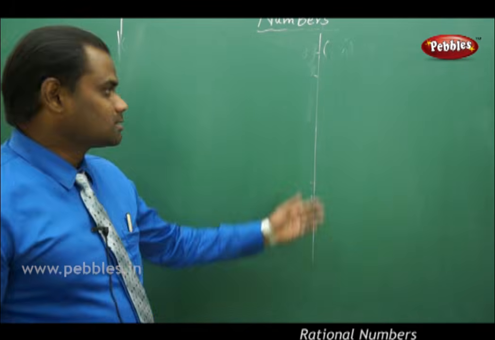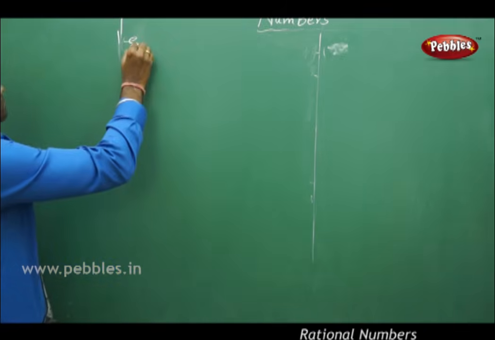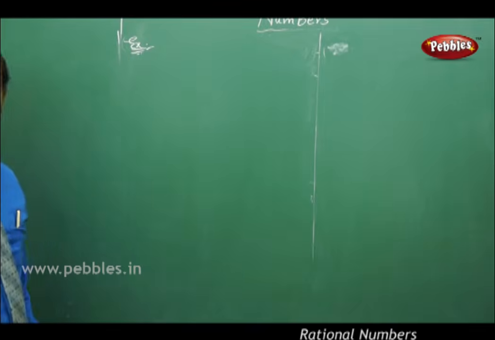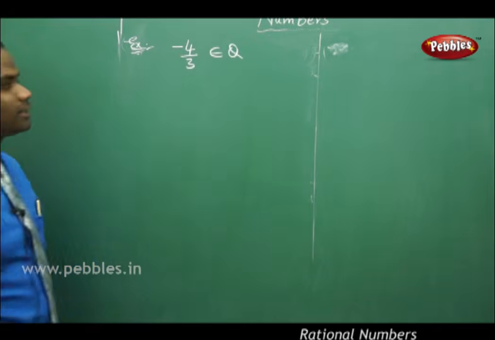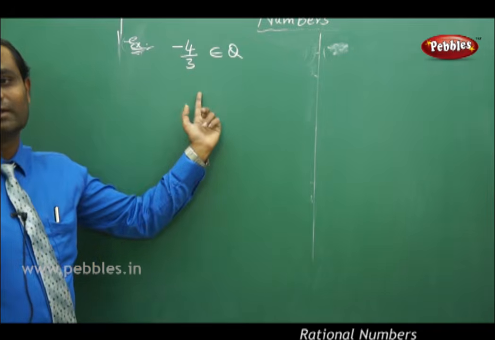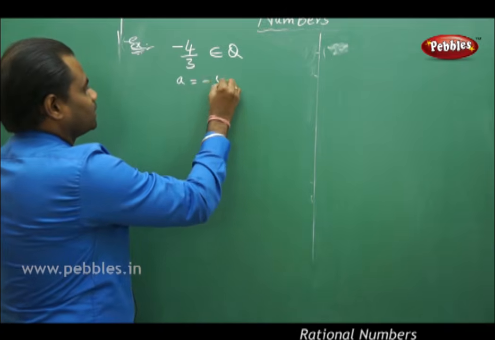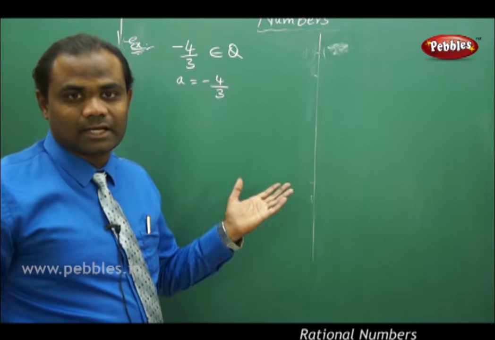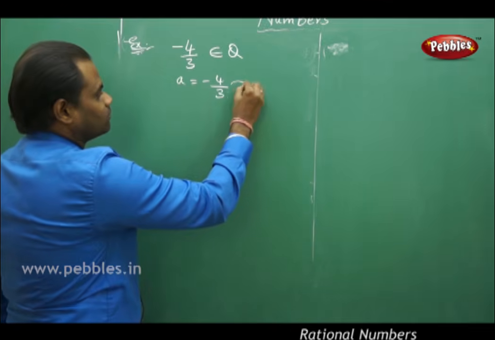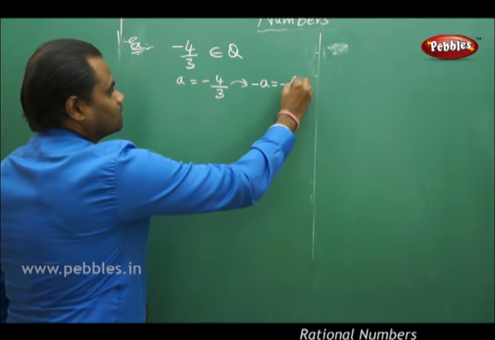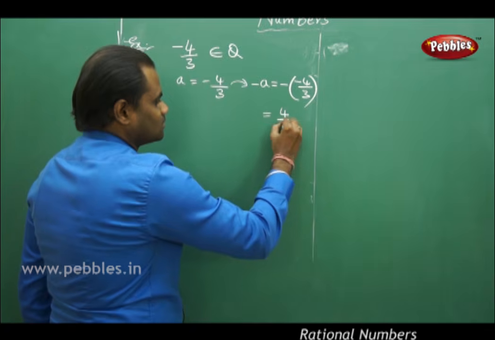Now continuing from the previous example, let's see what will be the additive inverse of a negative number. Let me take minus 4 over 3 belonging to Q, and I would like to find the additive inverse of this negative rational number. I identify this to be A, and we have seen in the previous case that the additive inverse of A is minus A. So this can be written as minus of minus 4 by 3, which becomes instead plus 4 by 3.